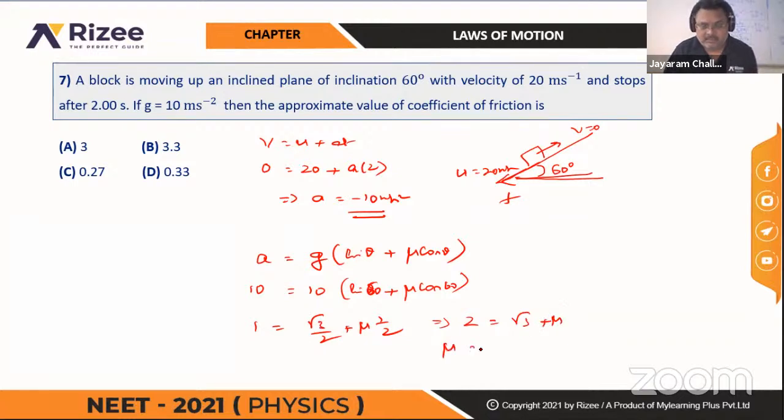Mu is equal to 2 minus root 3, which is 2 minus 1.732. So this is our final answer. The value should be around 0.27. So this is our better option.